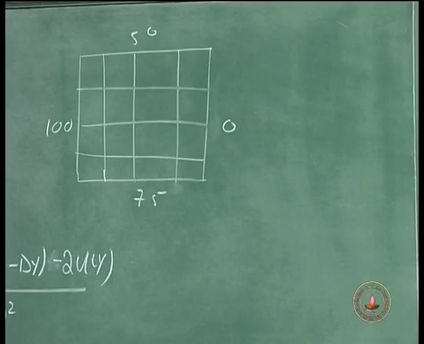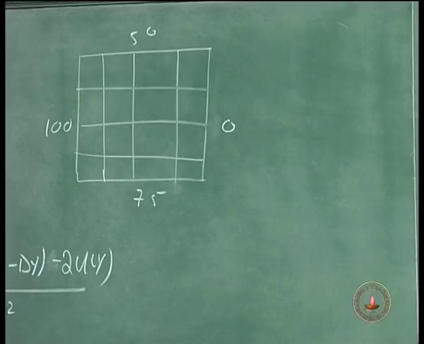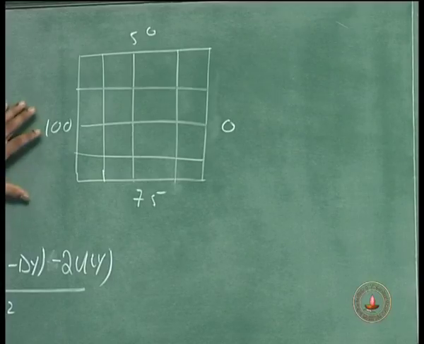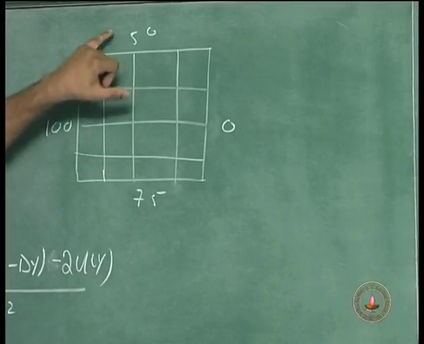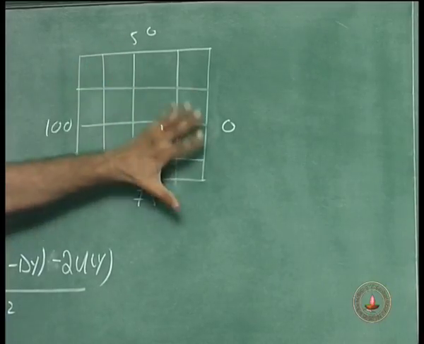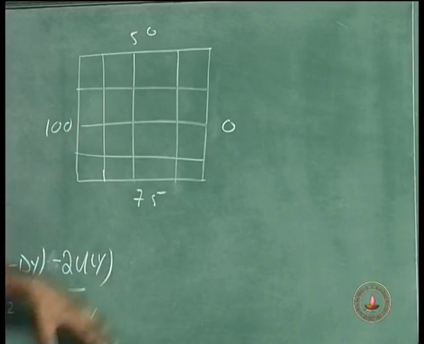Now the same problem, if you want to look at the case where it's time dependent, now this is a steady state equation. So now we want to know how, starting from a given initial condition, that is, this is kept at 100, 75, 50 and 0, and everywhere else also it's 0 to begin with, we want to know how it goes into the steady state.